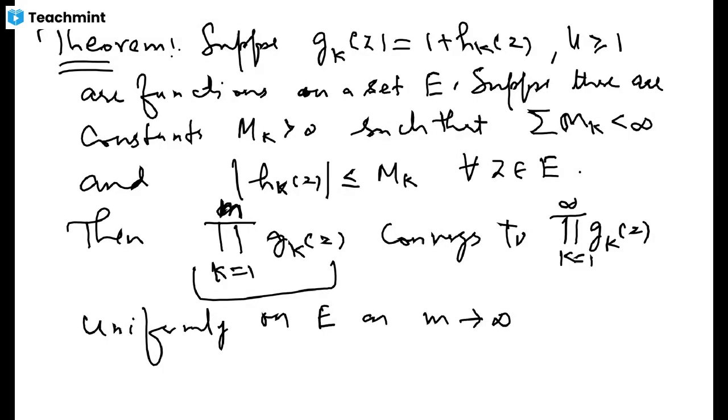So the thing here is that implicitly, without going into the details, I'm considering that this product is defined. Let me tell why we are doing so. Let's first deal with this. So what is the hypothesis?